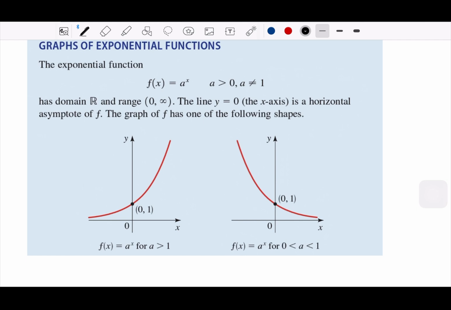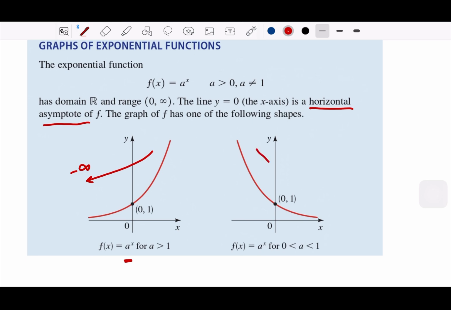And one of the properties also is the horizontal asymptote. So y equals 0 becomes the horizontal asymptote. When it goes through here for a power x, for a positive, it is not going to reach y equals 0, but it's going to get close to y equals 0.